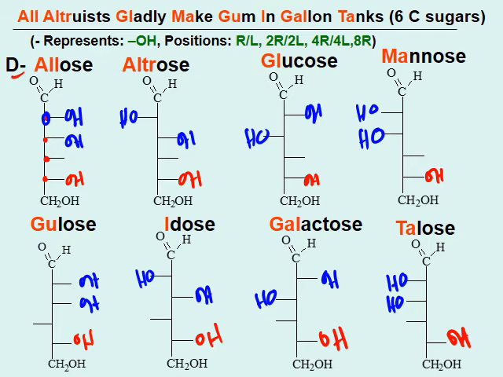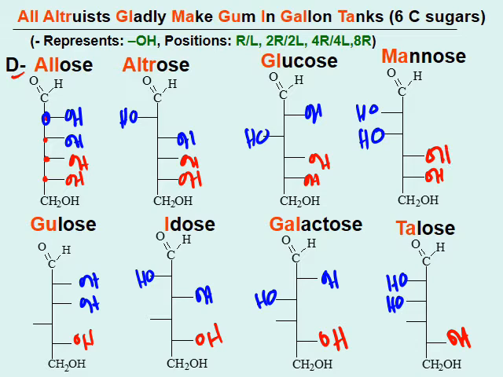Okay, so let me remind you again. The topmost chirality center would have right, left, right, left, right, left. That's how it goes. And then next to it, you would have 2 right and 2 left. And then the next chirality center, you'd have 4 right and 4 left. So let me use a different color of the pen. 1, 2, 3, 4.